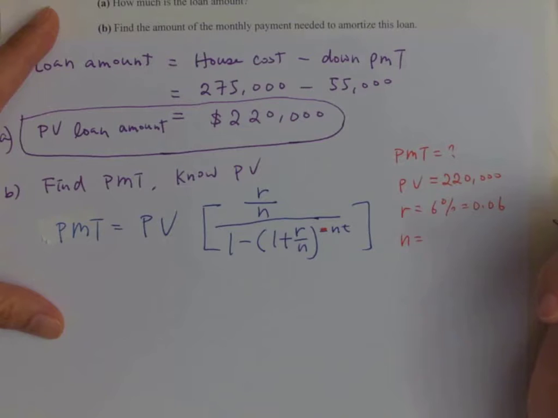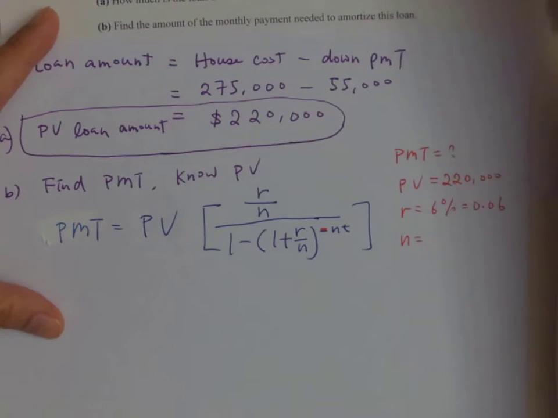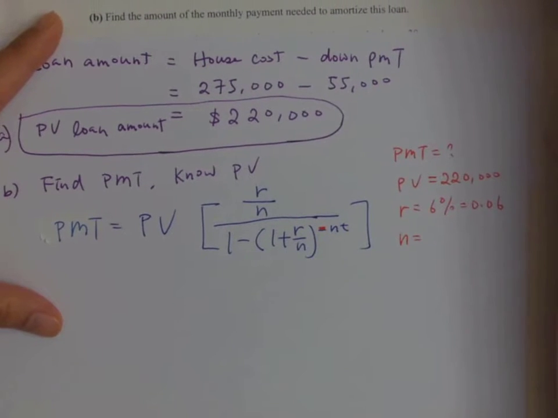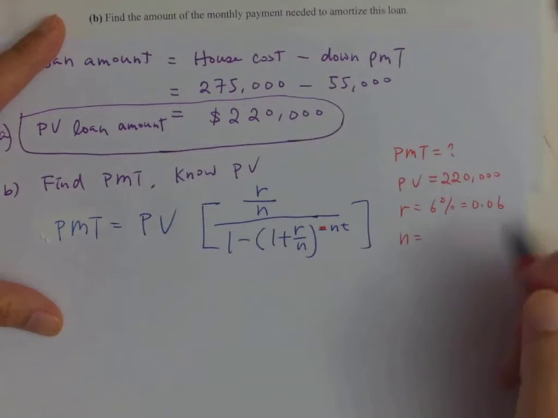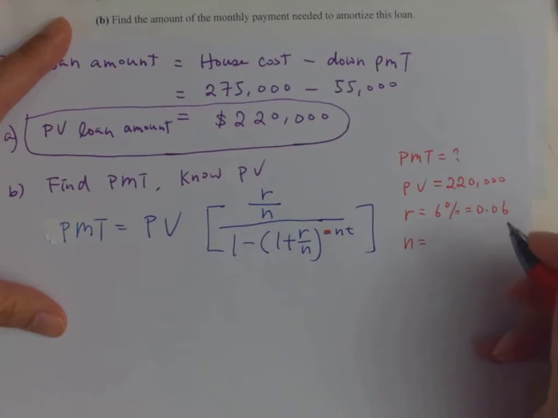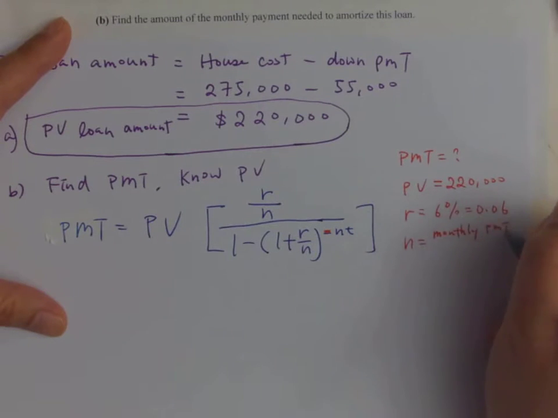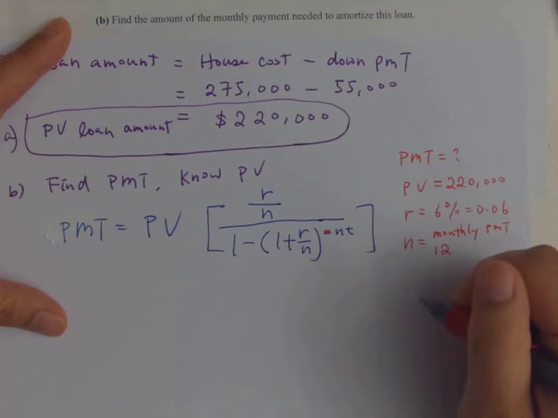How many times compounding per year? Because it's a monthly payment, this is a monthly loan, so compounding monthly, 12 times a year, 12 months, right?